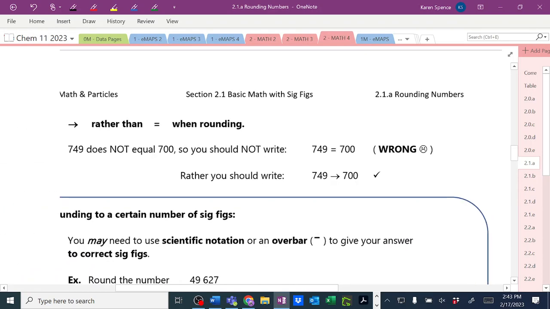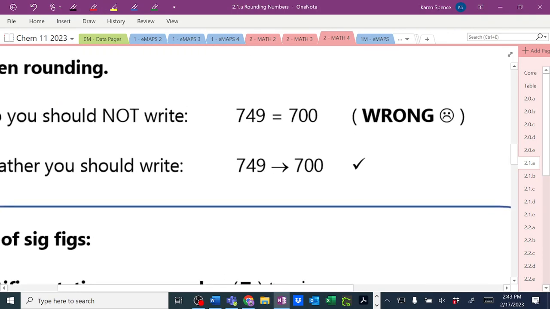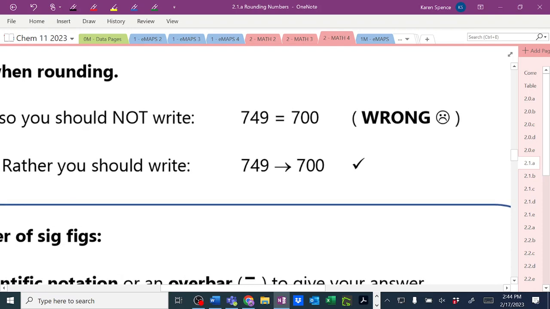The last little note is please use an arrow rather than an equal sign when you are rounding, because it is not correct to write that 749 is equal to 700, because those two are most definitely not actually equal. 749 is not equal to 700.